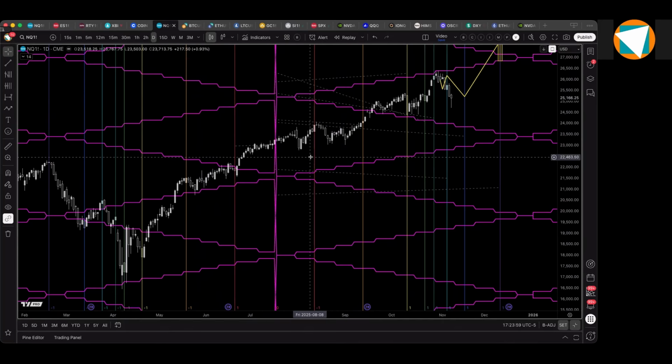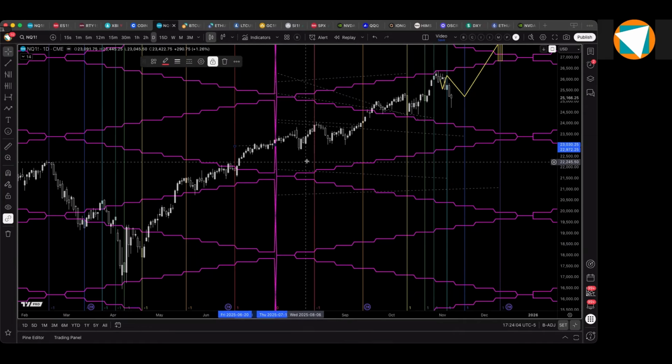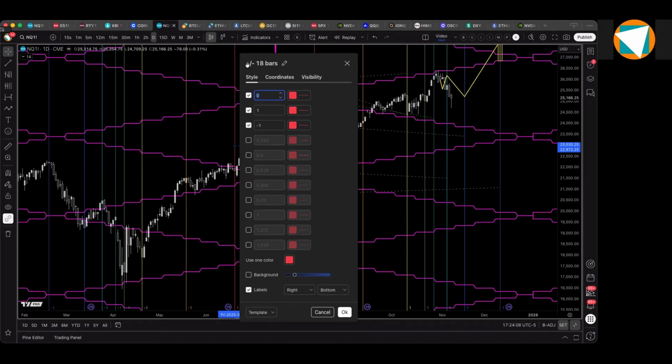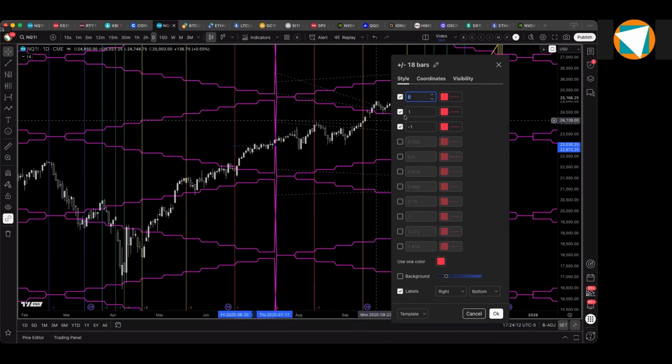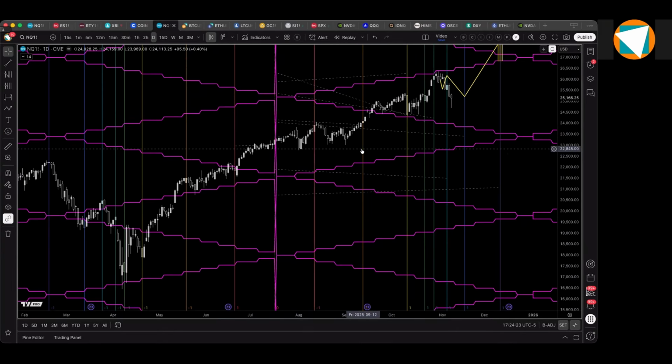One of the things I've done here is I've also color-coded the symmetry lines so that this red pair here is plus or minus 18 bars around the central point. And the red doesn't mean anything. All I'm trying to do is make it easy to find the 2 bars that are symmetrical, okay? Same thing with orange.